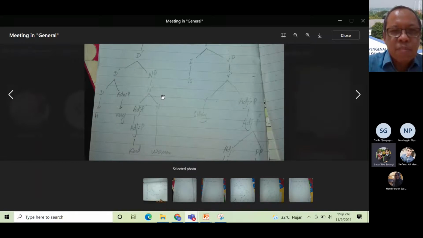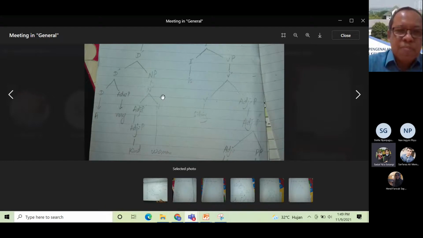Do we have to write adjunct, AD, and complement, C? Well, for adjunct and complement, we don't need to write them down. The complement and adjunct can be identified from the position.